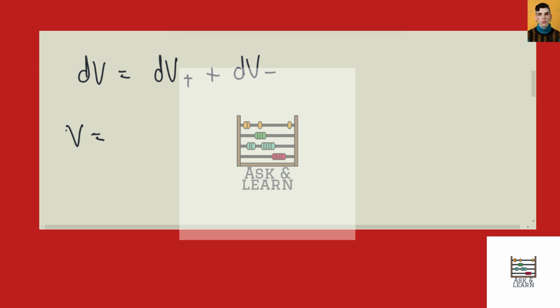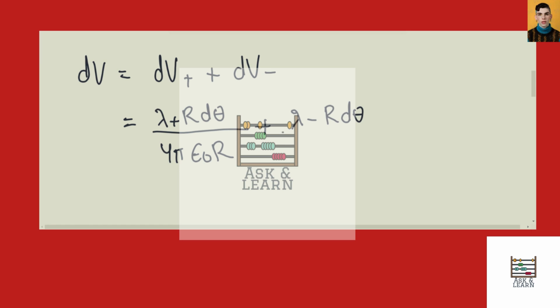Let me write here how we obtain the differential: the differential in charge over 4 pi epsilon 0 r for the positive part, plus the negative part.